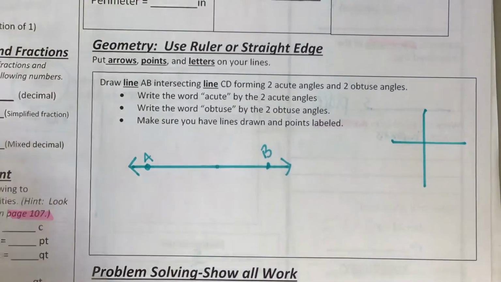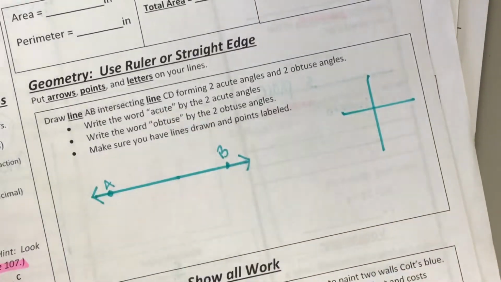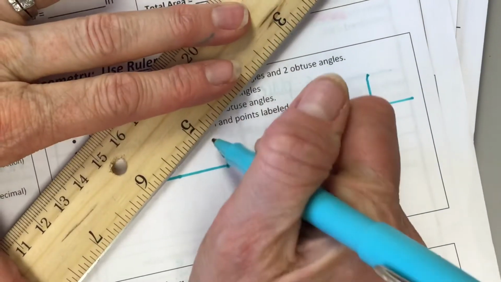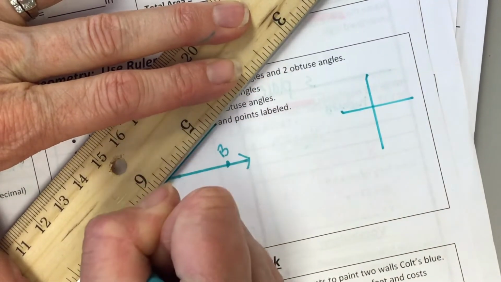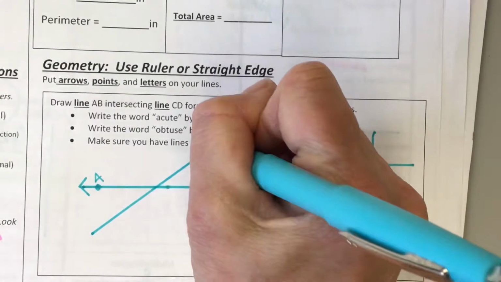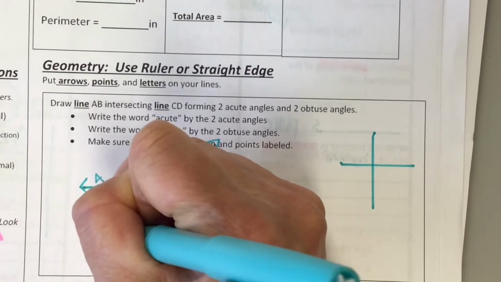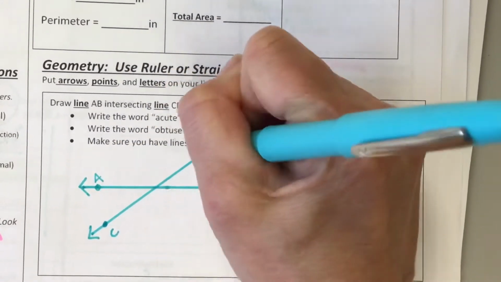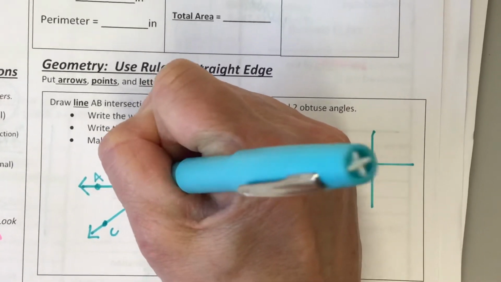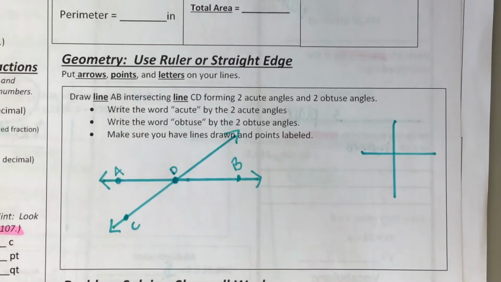You could go diagonally. So it's still line CD and it still needs to be drawn with a straight edge. And then look, that's a point where they intersect. I'm just going to call that D.